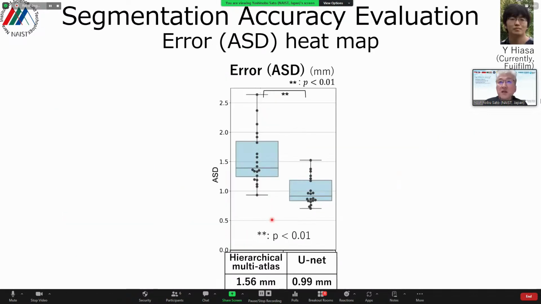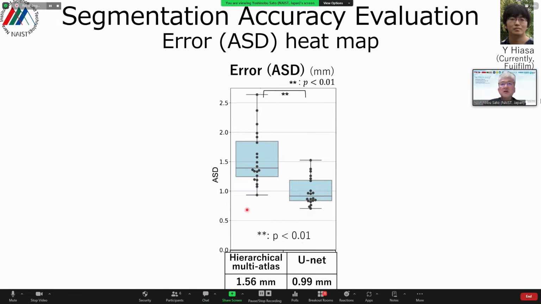This is the quantitative result. On average, the non-deep learning method error was 1.56 millimeters, and the deep learning method 0.99 millimeters.